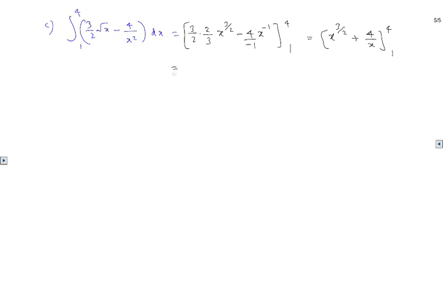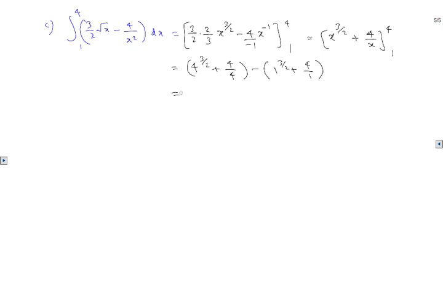Okay, let's plug in 4. So it's 4 to the 3/2 plus 4 over 4, minus, we plug in 1, 1 to the 3/2 plus 4 over 1. How much is 4 to the 3/2?